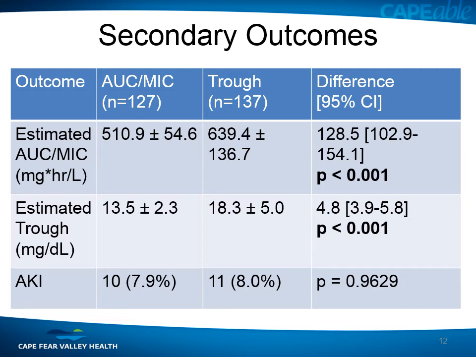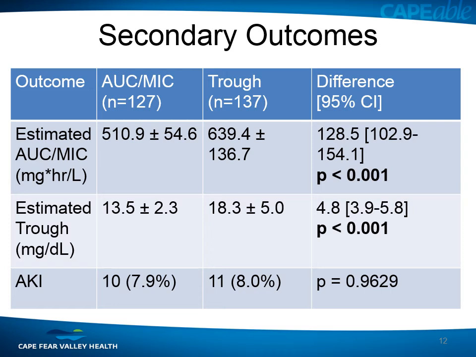For estimated trough, the difference again was statistically significant, but I would like to point out that the AUC to MIC estimated trough was only 13.5, whereas the trough-based group was 18.3. This difference should represent to us that an AUC to MIC of 400 to 600 may not always represent that surrogate trough that we have been targeting previously.